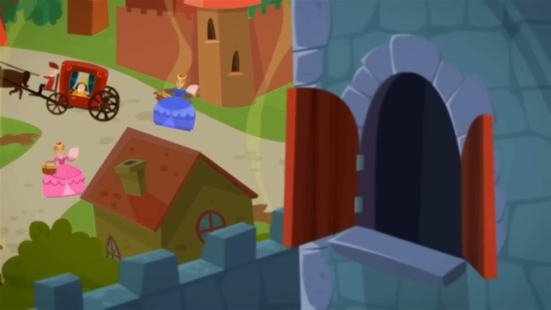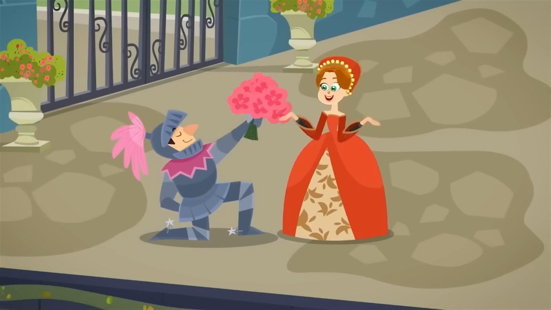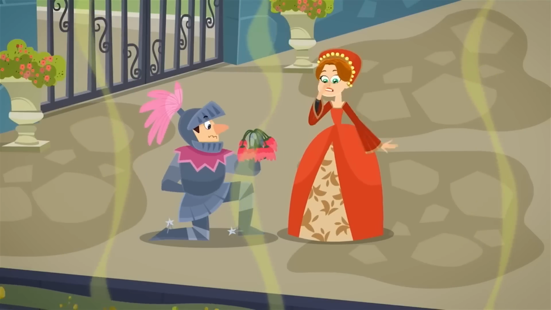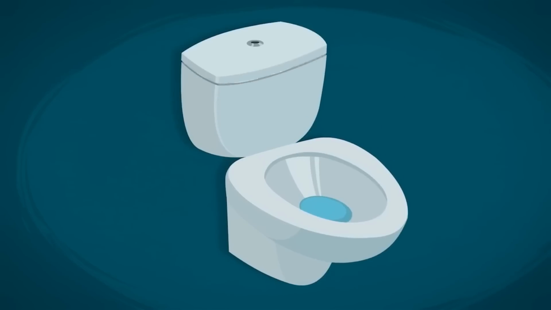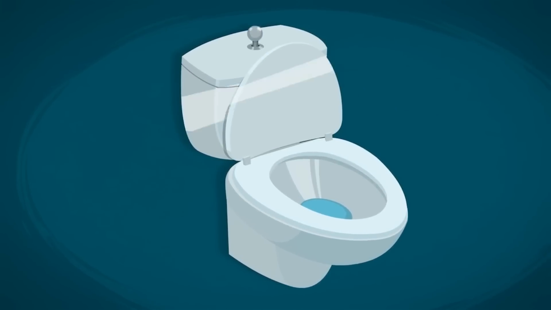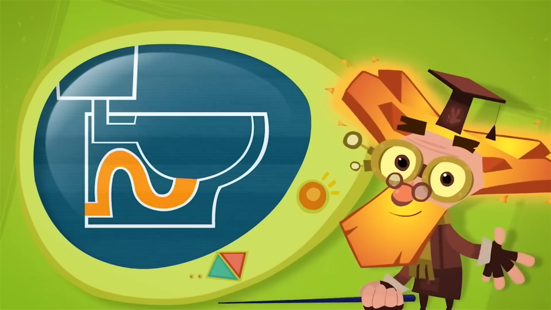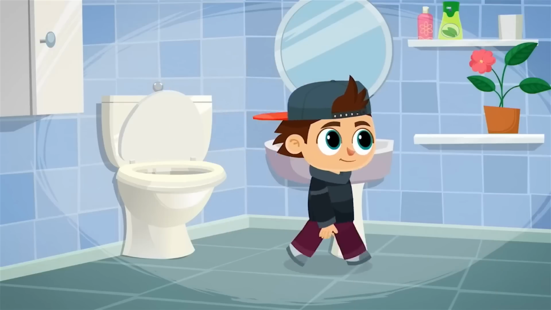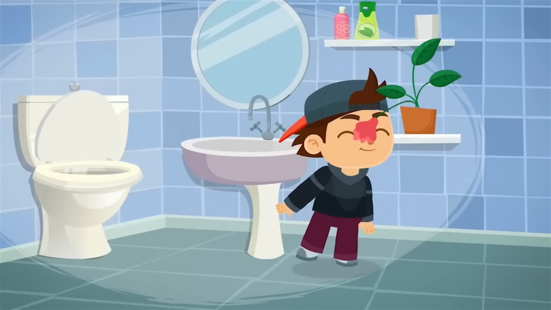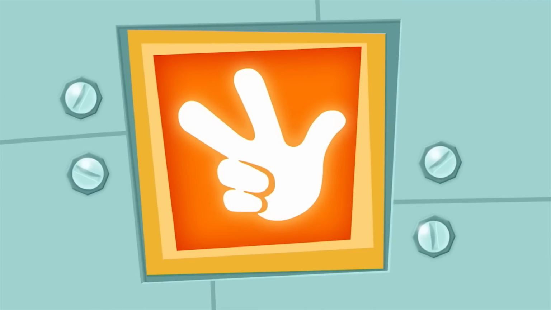Oh, the smell in the cities was just awful. Even the first sewage systems didn't put a stop to this terrible smell. This smelly problem wasn't solved until the invention of the modern toilet. At the bottom of the toilet is a bent pipe called the siphon that's filled with water that keeps the smell from getting back into the house.